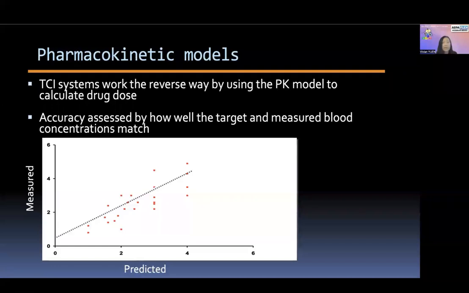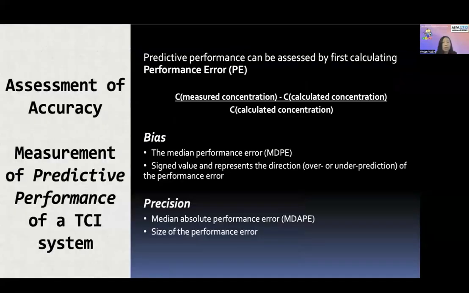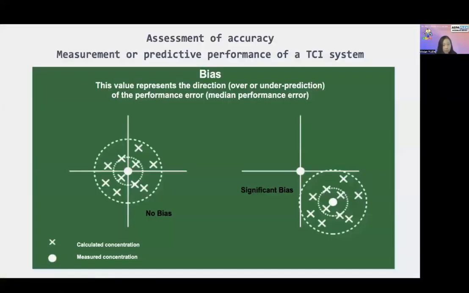Accuracy can be assessed by how well the target and measured blood concentration match. Bias and precision are the parameters we use in measurement of accuracy of target controlled infusion models.